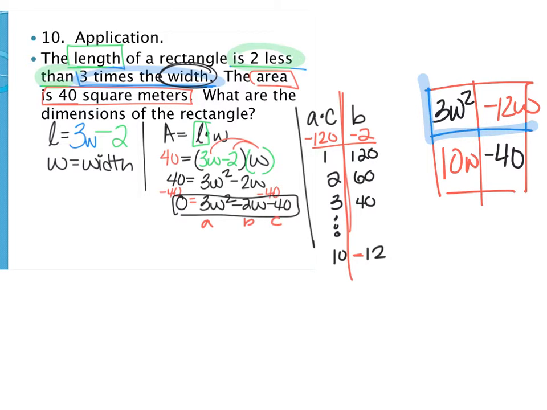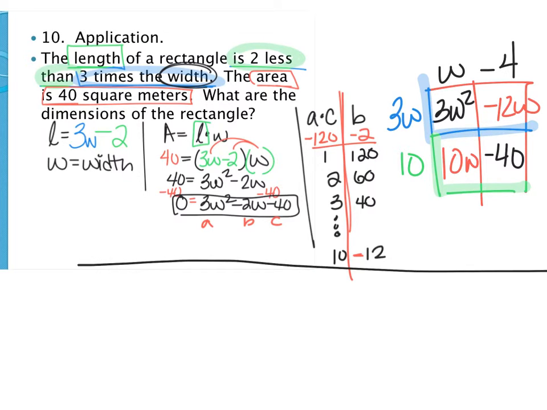Pulled out a what on the top? 3W. That left you with a W and a minus 4. The bottom you divided out a 10.